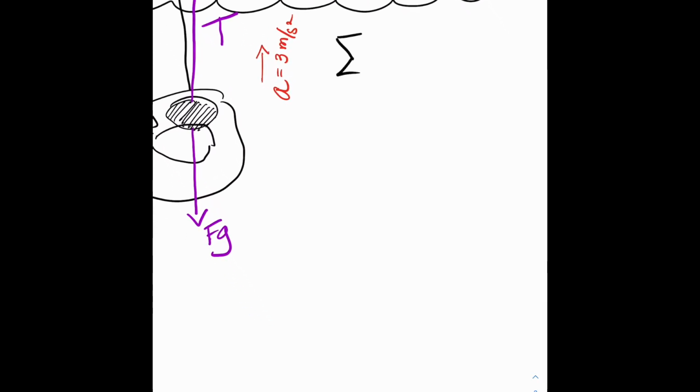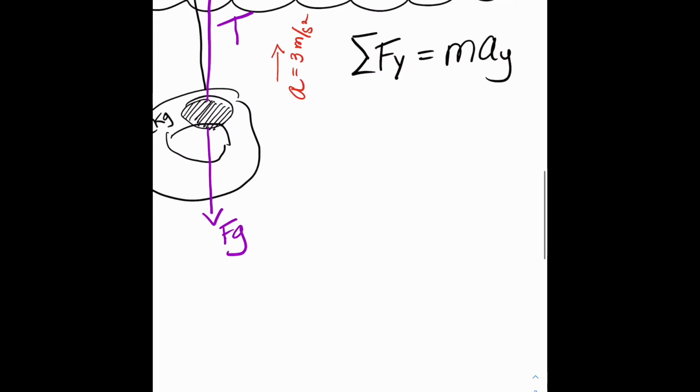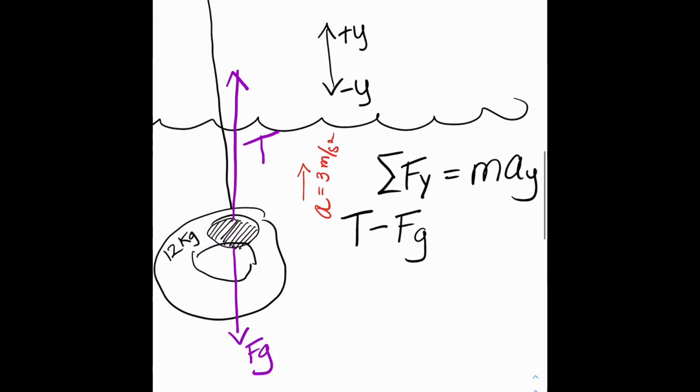So we say sigma Fy equals may. And we know that tension is pointed up, so it'll be positive. We know that force gravity is pointed down, so it is negative. And the reason we know that is based on this coordinate axis that we assigned, right? We said down is negative Y. We said up is positive Y.